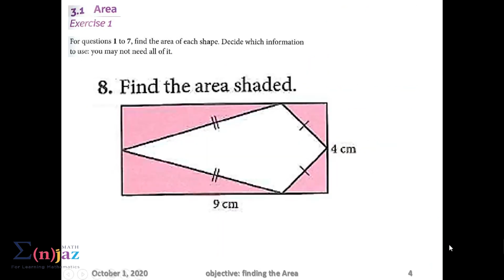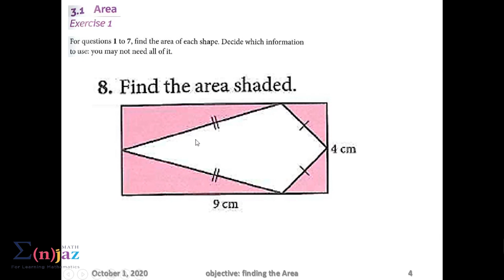I will leave this question for you to solve on your own. There is one trick in this question. When you look at the shape, you must ask yourself, how many shapes do I see? And then the answer will be, as you can see, there is a rectangle, which is the big shape.